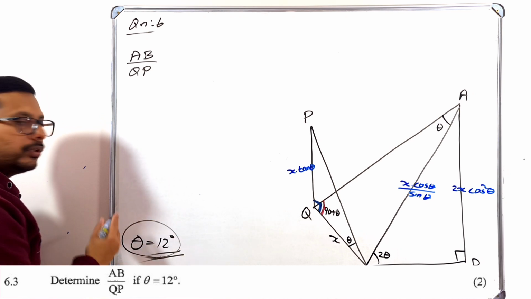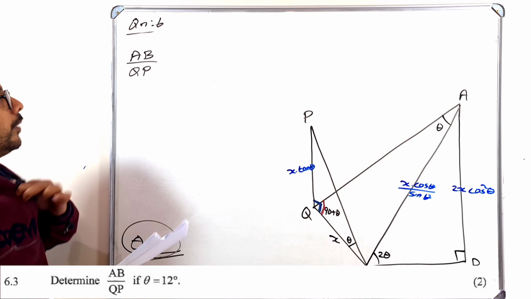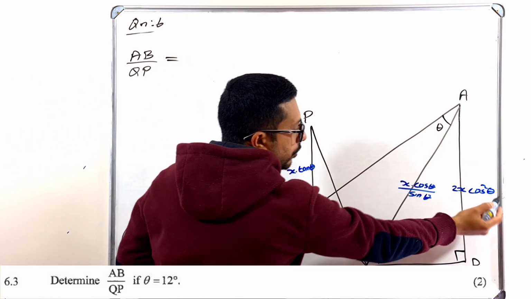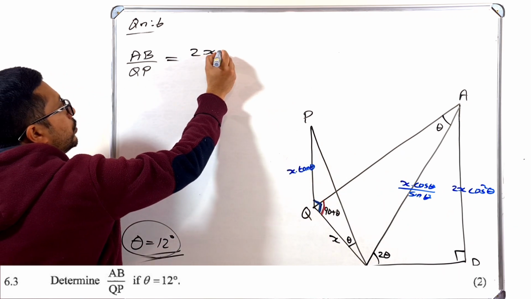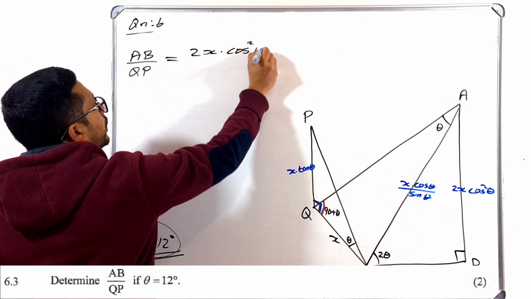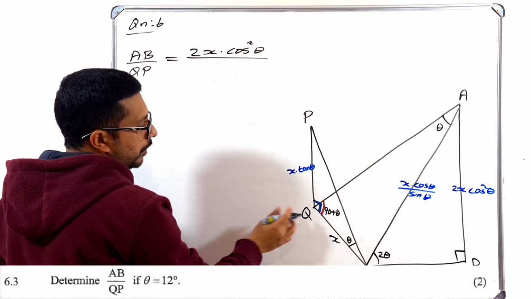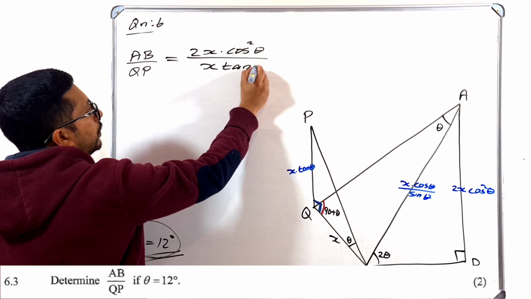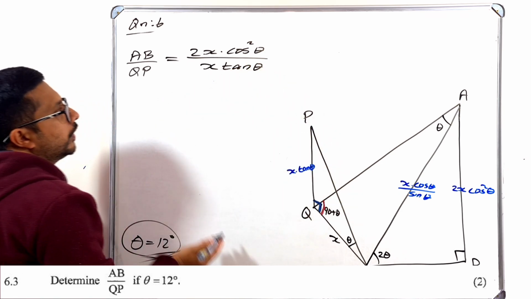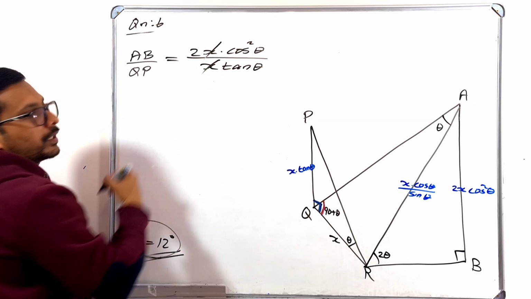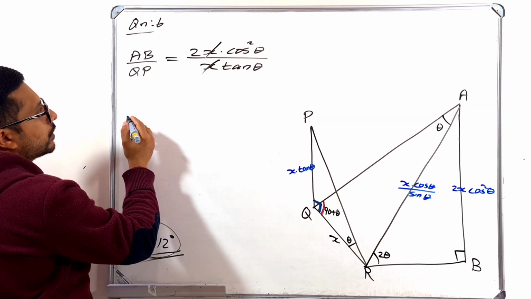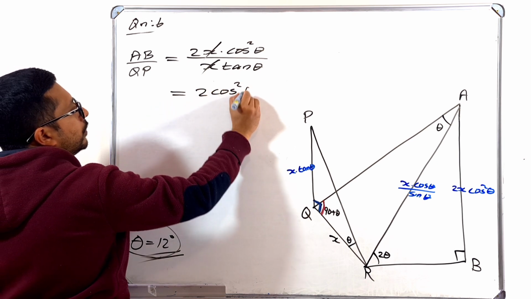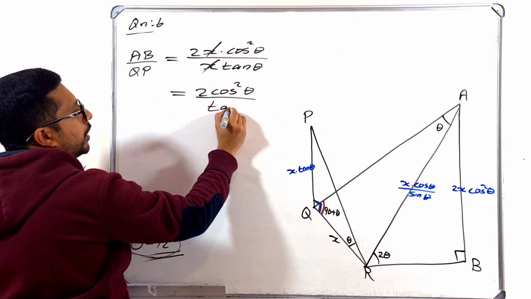So AB we got as 2x cos square theta, divided by QP, x tan theta. Now this x and x cancel. So it is remaining 2 cos square theta divided by tan theta.